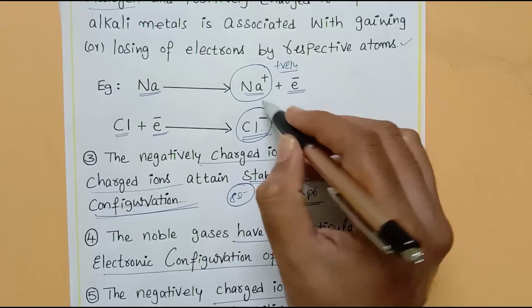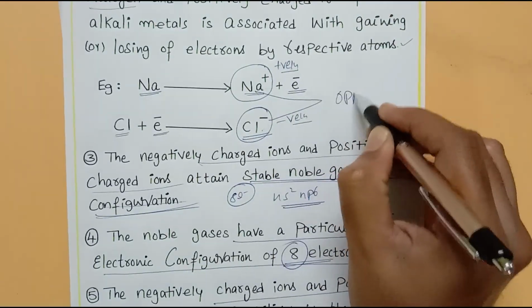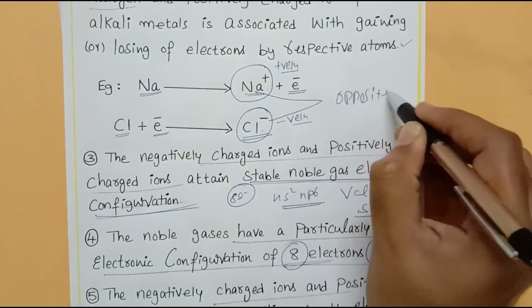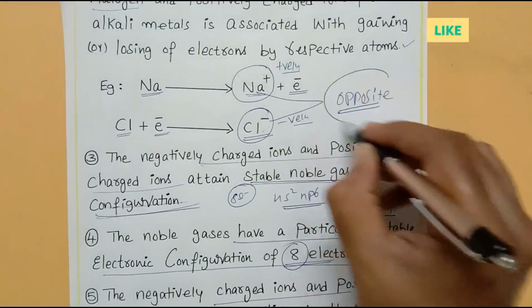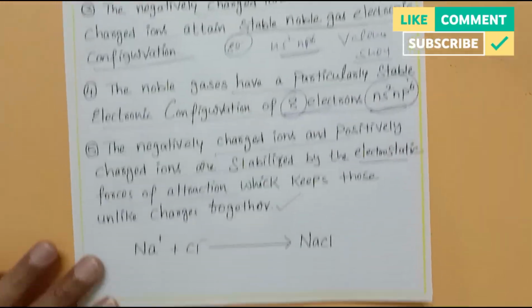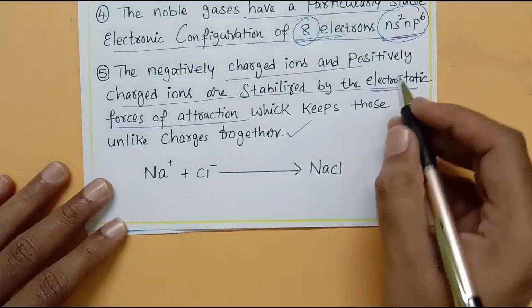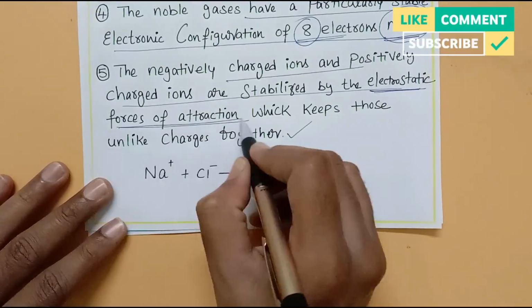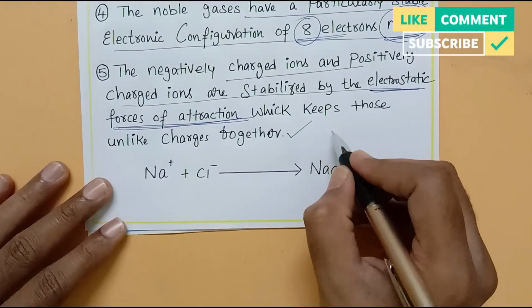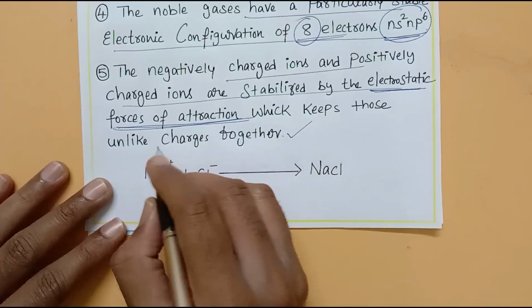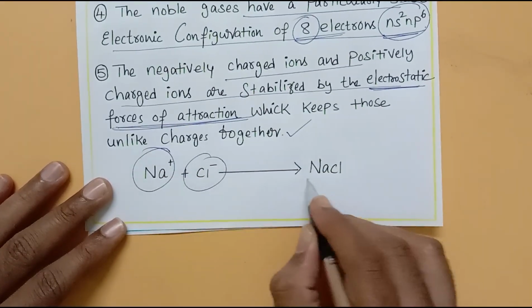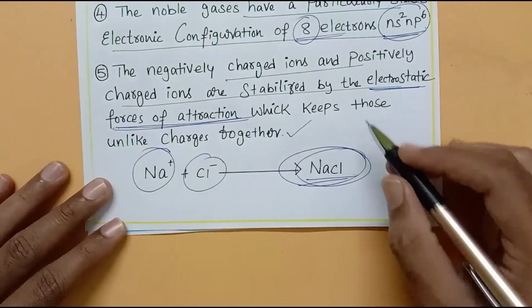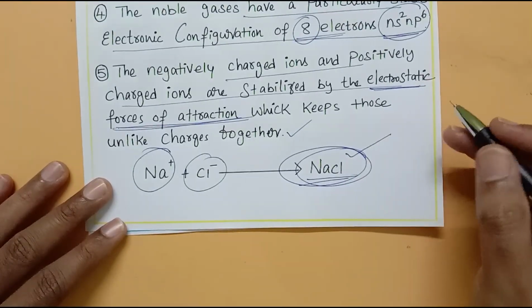Because they have opposite charges, they are attracted together, and this attraction is called the electrostatic force of attraction. It keeps the positive and negative charges together so they exist as a single molecule, sodium chloride.